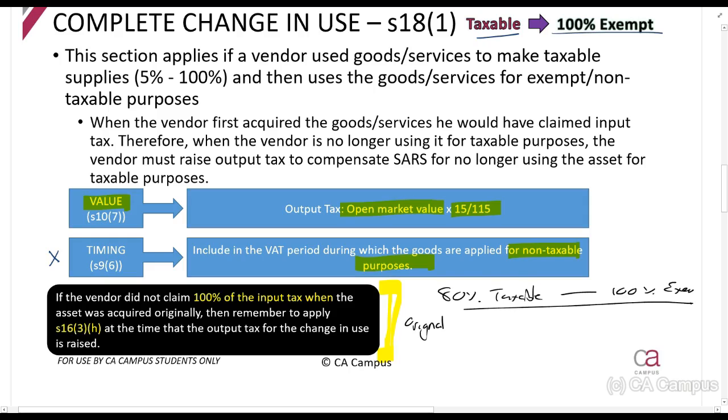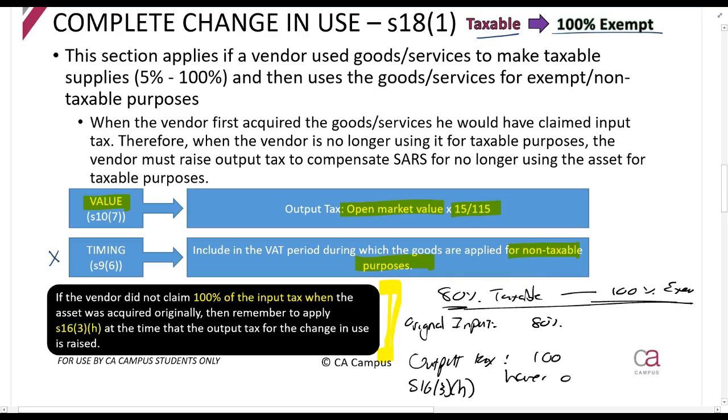Original input tax would have been 80%, you would have only claimed 80%. Now, when you convert it, you will pay output tax at 100%, and you would claim section 16.3H on the lower of cost or open market value. You would claim that extra 20% input tax.